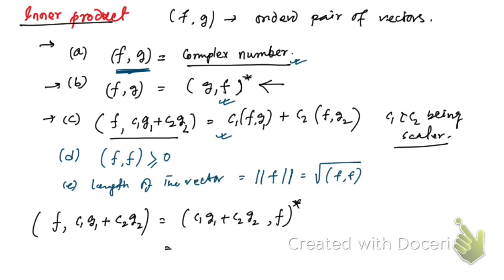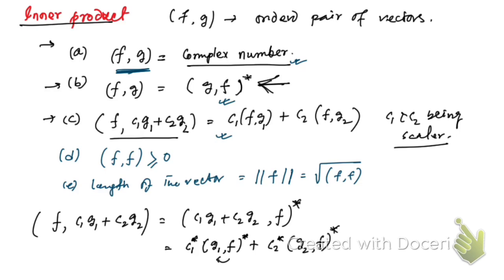Then we can write C1 conjugate of C1, then Z1 F, then plus C2 conjugate of C2, then Z2 F, its conjugate according to this property.